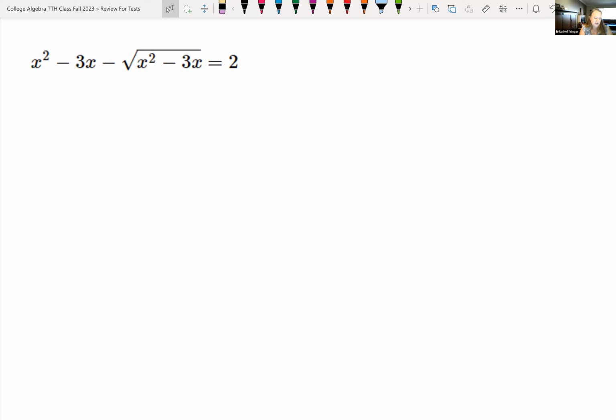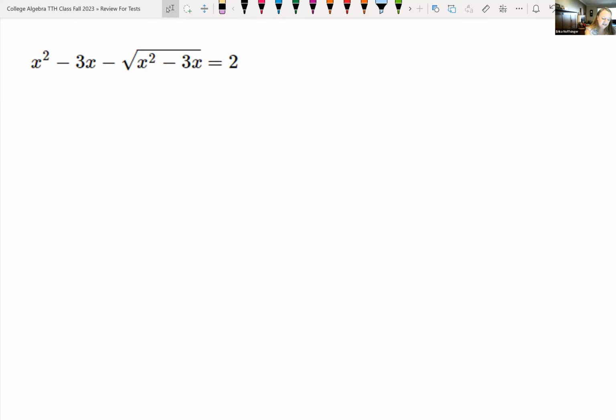So our next equation is x squared minus 3x minus the square root of x squared minus 3x equals 2. I notice that I have a radical, so I want to isolate my radical on one side of the equation and get everything else to the other side.